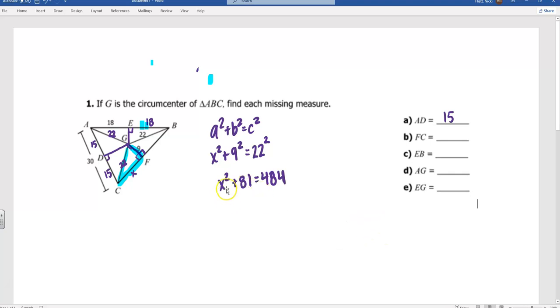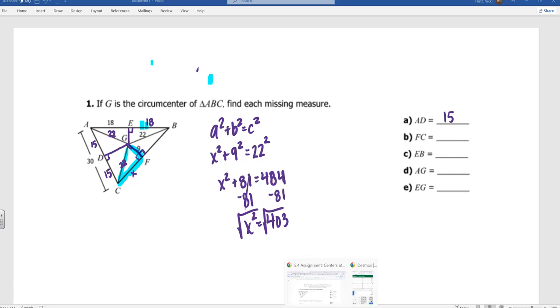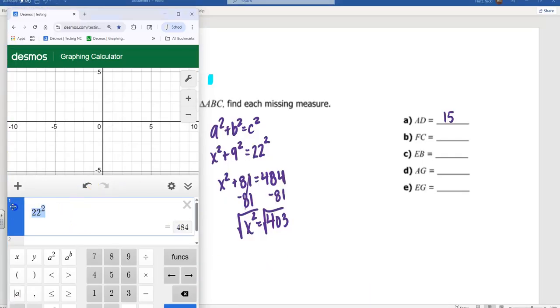What would I do to solve that for x? Would you minus 81? Yep. And then divide by x? Nope. Square root. I'm going to have x squared equals 403. And to get rid of a square, square root. Oh, yeah, that's right. Square root. I didn't see that as a square root. Yes.